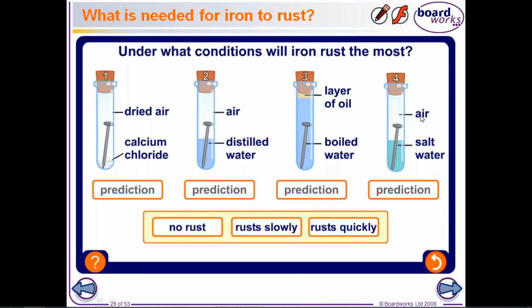If you wish, you can stop the video now and try to predict in which test tube rusting will happen, in which test tube it will not happen, or if you even go beyond that, you can tell me which one will rust quickly.